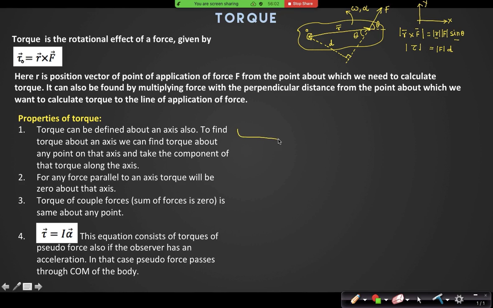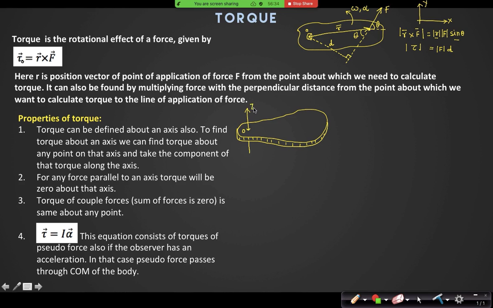Let me just show you. Suppose it is a planar object. This is a planar object. Now the object can rotate about this axis of rotation. Look, point O lies here, but the axis is this one.